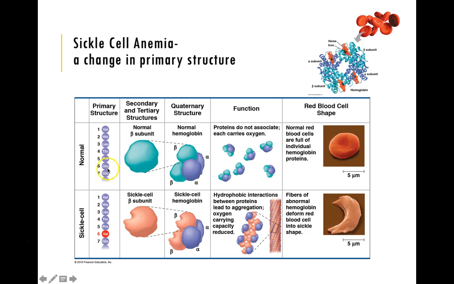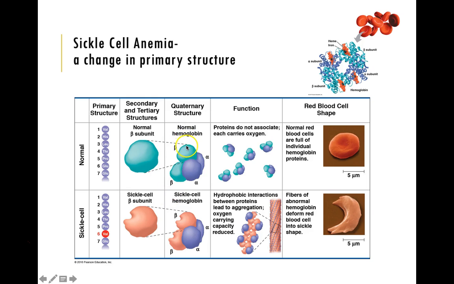That is a glutamine. And instead, the DNA sequence directs it, if you have this particular allele, to be a valine. When that happens, instead of getting this nice round normal subunit from the quaternary structure, you get this little divot in the side of the cell.